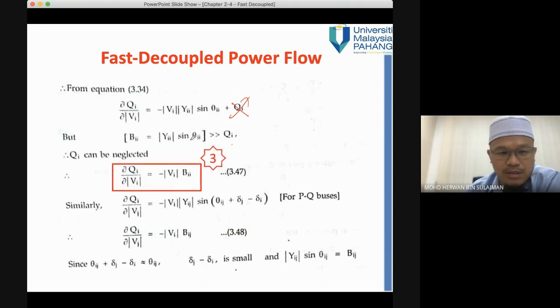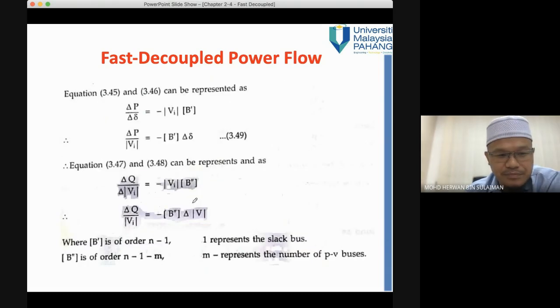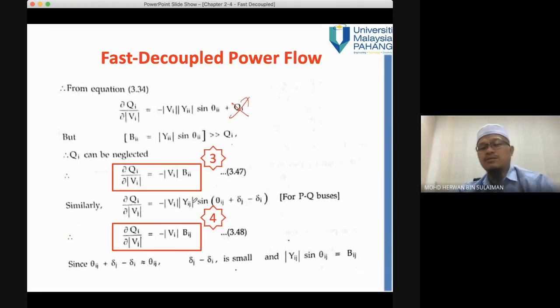Okay, this is the equation. And for the PQ bus, again they try to simplify the equation, and you will get Vi Bij. So from all the simplifications, or the equations that have been derived by assuming most of them are zero, right? They assume a lot of zeros.